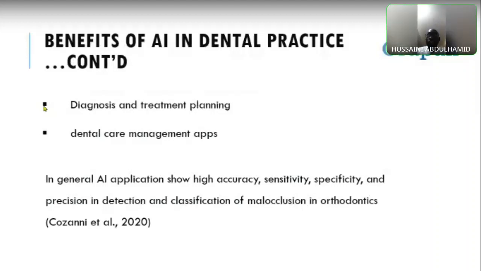But basically, as far as dental practice is concerned, majority of our examinations used to start from what? From physical assessment. We used to touch, we used to feel, we used to auscultate, we used to view in order to perform our examination.